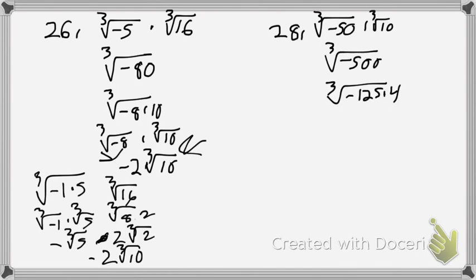Well, sure, because 500 divided by 125 is 4. So we have negative cubed root of 125 times 4. Negative cubed root of 125 times the cubed root of 4. The negative cubed root of 125 is negative 5, times the cubed root of 4. Okay?